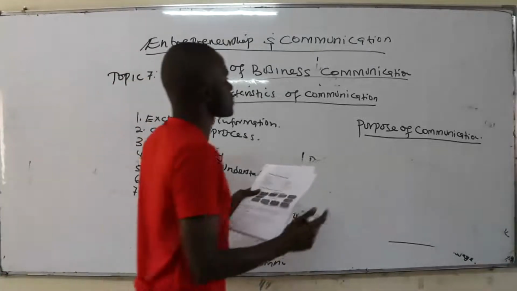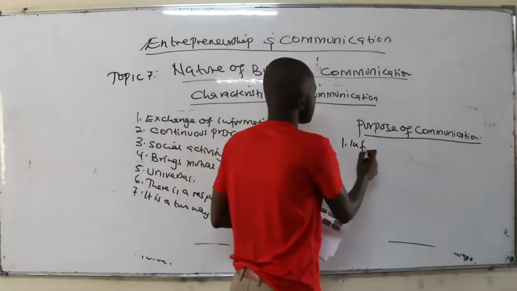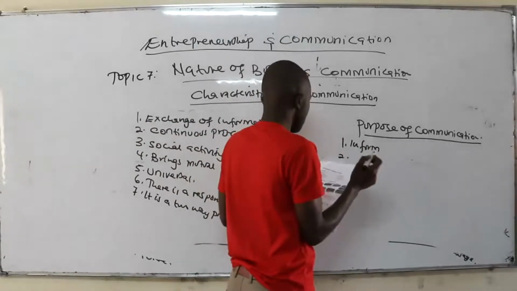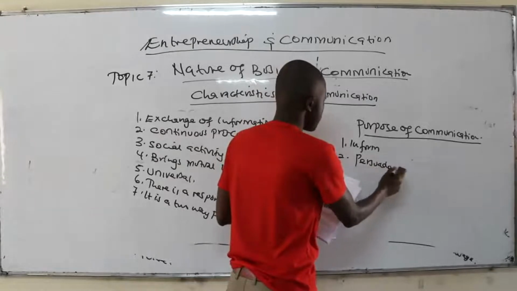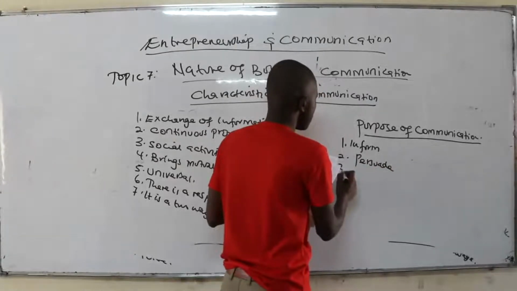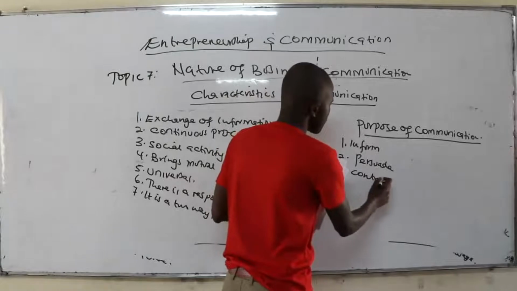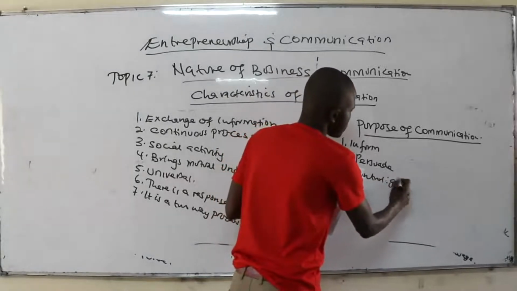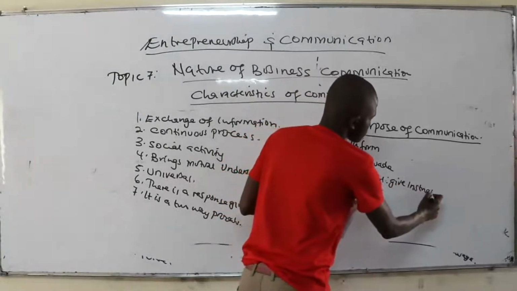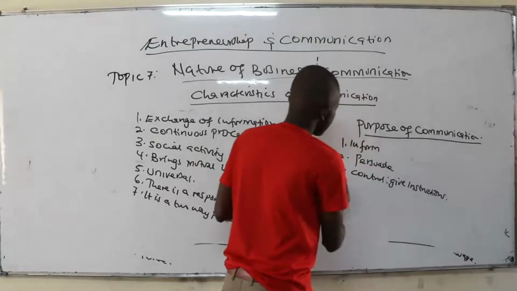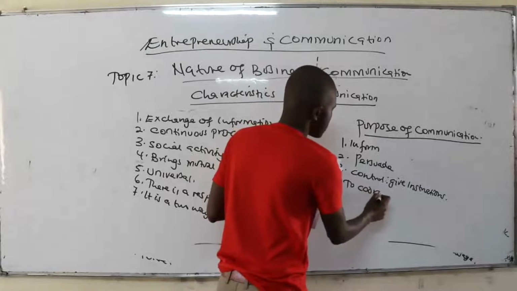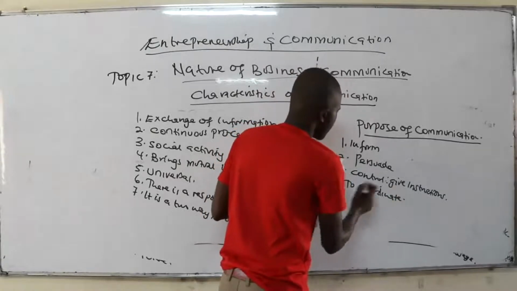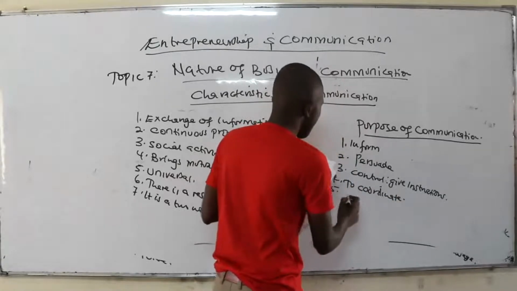What are the purposes? One, to inform. Two, to persuade. Three, to control, that is to give instructions. Number four, to coordinate. Number five, to direct.